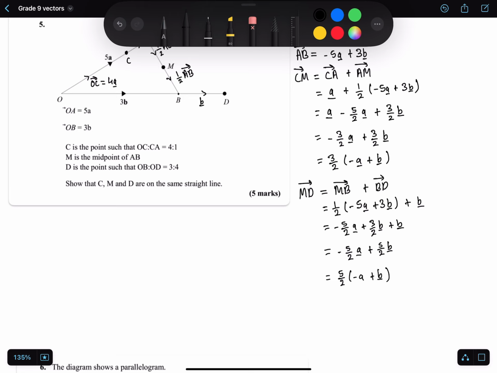So, what we've now got here is CM equals n MD, and because we know what CM already is, it's 3 over 2 (minus a plus b) equals n times 5 over 2 (minus a plus b). And we can calculate what n is simply by trying to think of how can we get from 3 over 2 to 5 over 2.